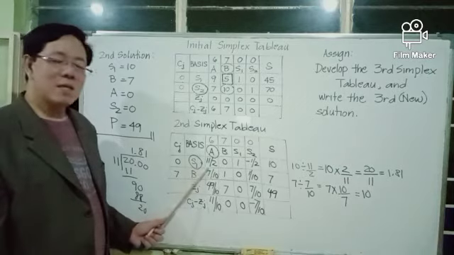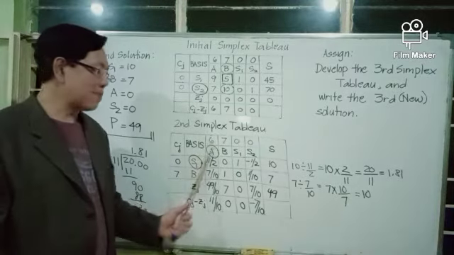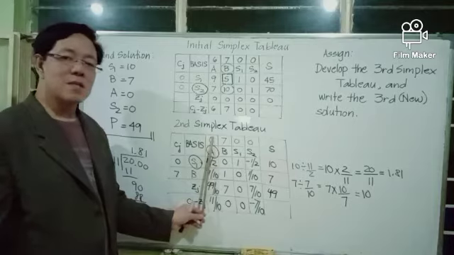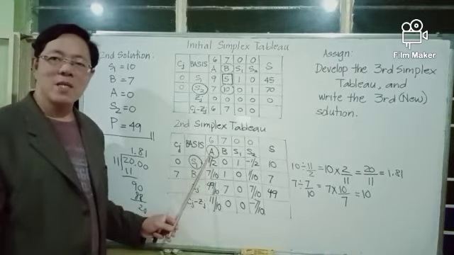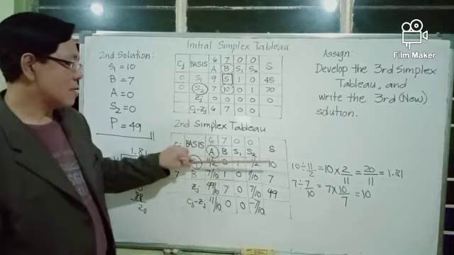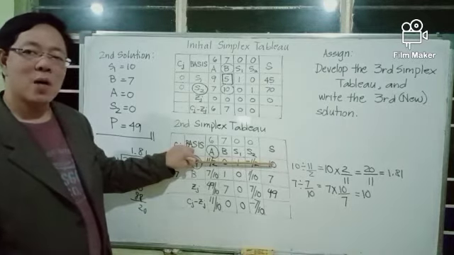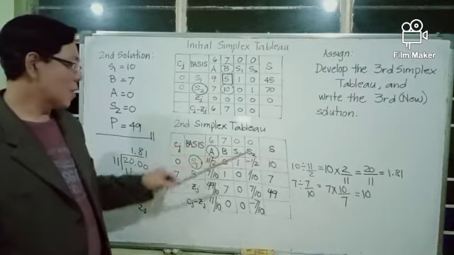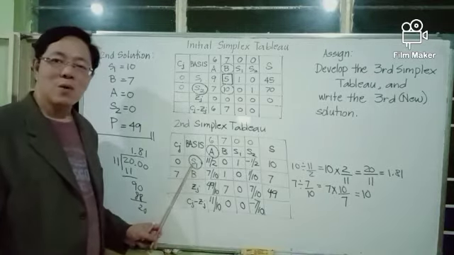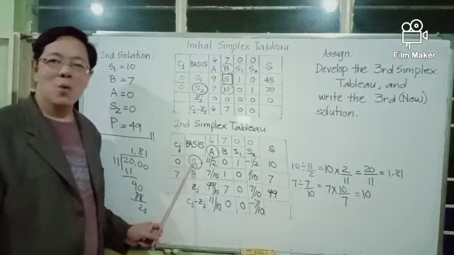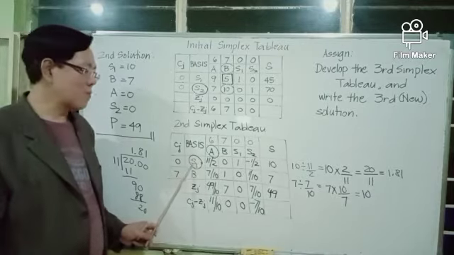Now this column is the pivot column, the column containing the entering variable A. And this row, the row of S1, is the pivot row. The pivot row is the row containing the outgoing variable or leaving variable.